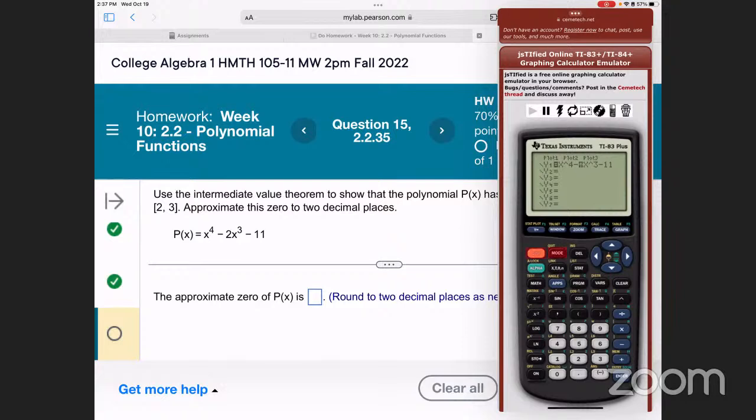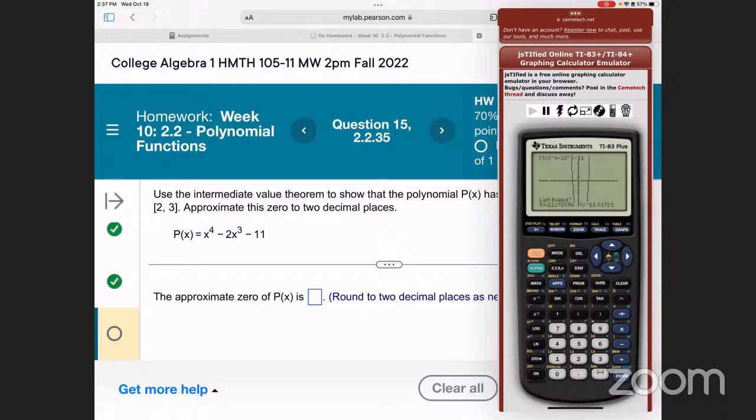So then let me quit. I want to go to my table. So I want the table to start at 2, and I wanted to change. Actually, let me do the quick way first. So if I go to my graph, it should cross the x-axis between 2 and 3, right? And I think it does. So then if I go to calculate, so second trace, and number 2 is 0.